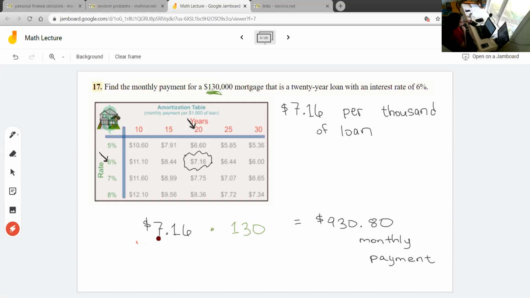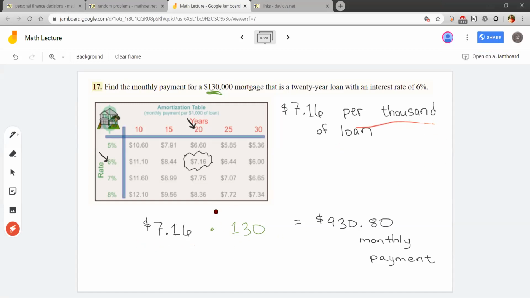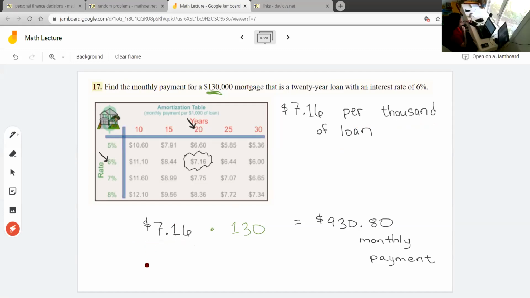And the bank teller says, great, I can give you a $1,000 loan. And then handing them another $7.16, and the bank teller says, you're up to a $2,000 loan. And then another $7.16, and they're up to a $3,000 loan. And if they do that 130 times, then they can get the $130,000 mortgage they want.